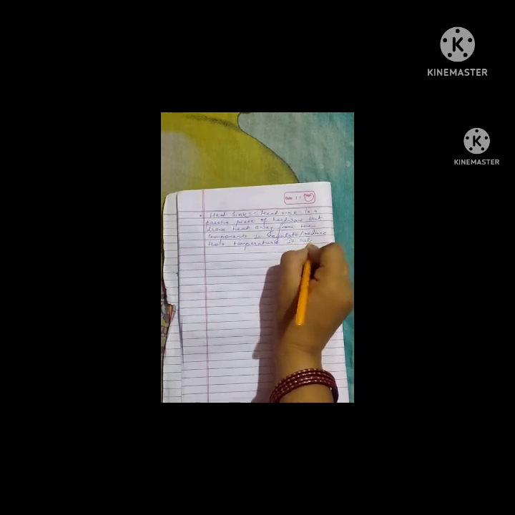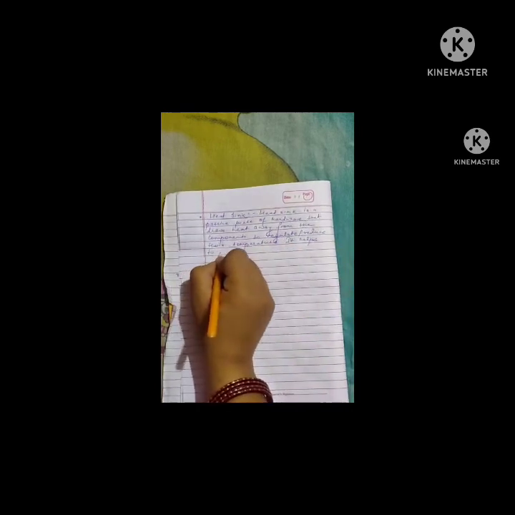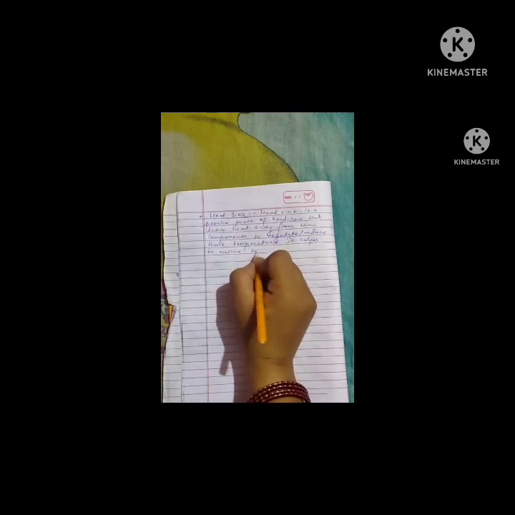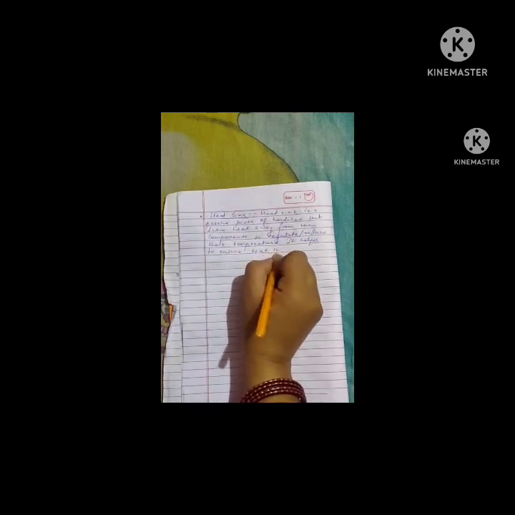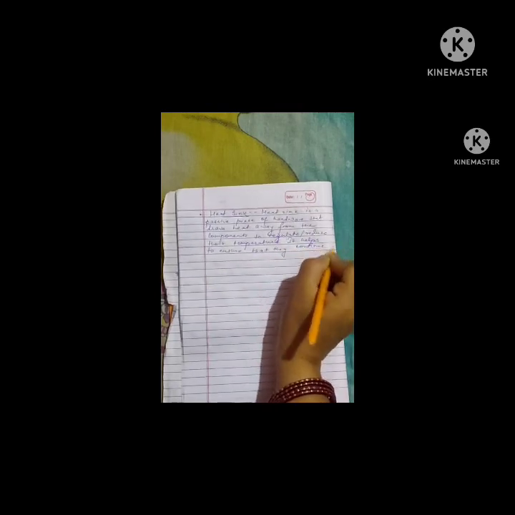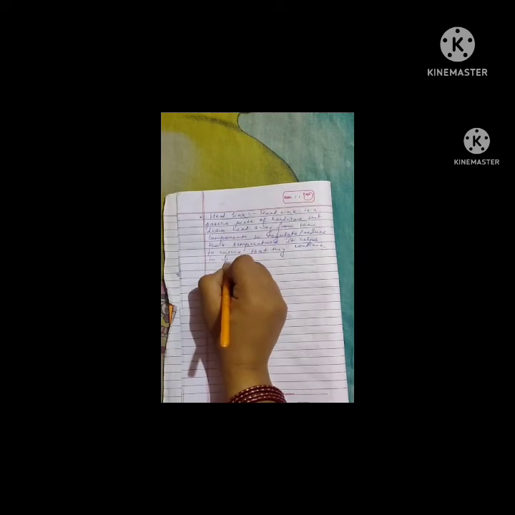It helps to ensure that they continue to function properly.